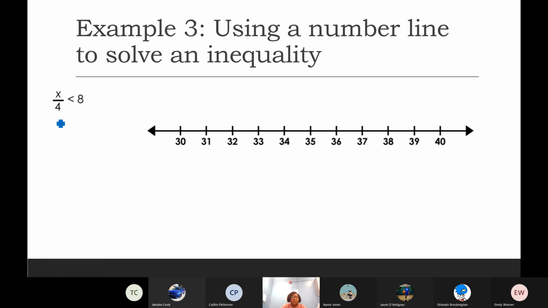Let's do dark blue this time. So we're looking at, and I'm going to rewrite it down here a little bit larger, x over 4 is less than 8. So we're going to solve this. Step 1, when we're working to solve an inequality, it's very similar to how we would solve an equation. So we're going to isolate our variable.